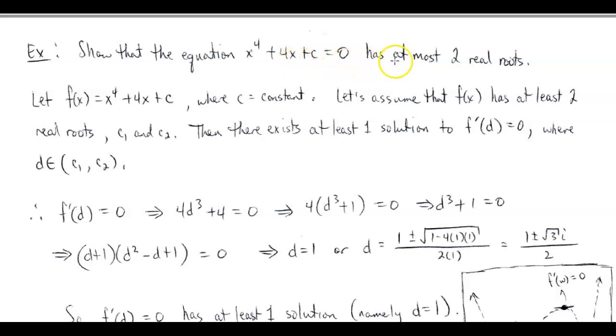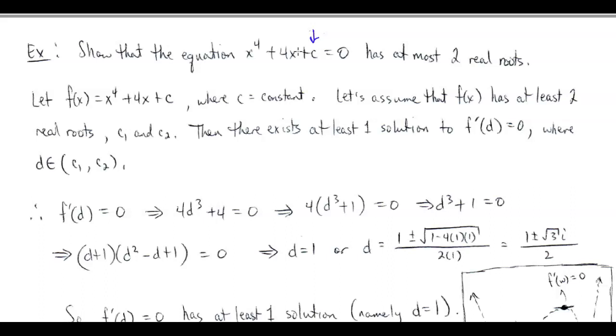So we want to show in this problem that this quartic equation here, or this quartic function equaling 0, has at most 2 real roots. Okay. So we have some polynomial of degree 4, and we have a family of them because we have this constant c that's here. So we're considering a whole family of quartic type functions. Okay.